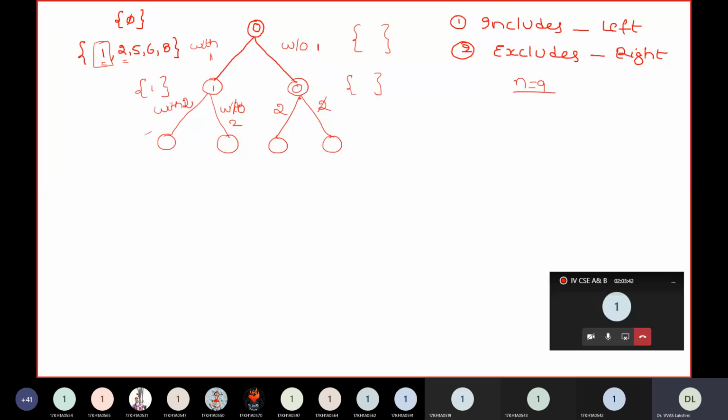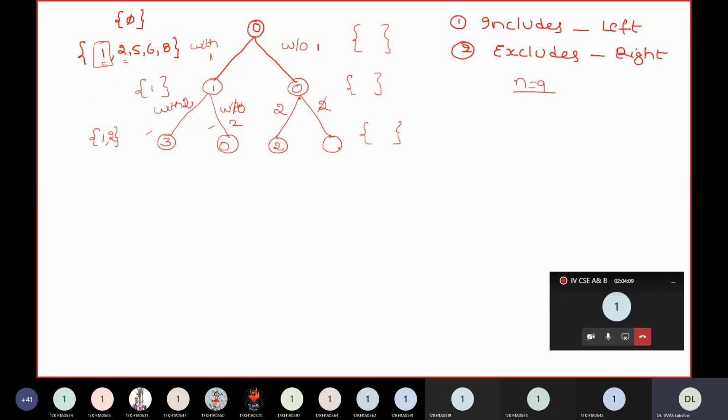For these two nodes, the set already contains 1. For these two nodes, the set is the empty set, because here it is 0. That is 1. So whenever 2 is added into this set, the value becomes 3. Clear? 3, 0. Here 0.